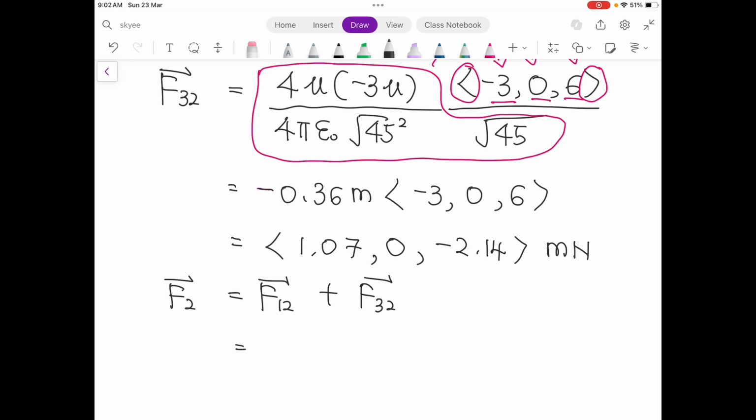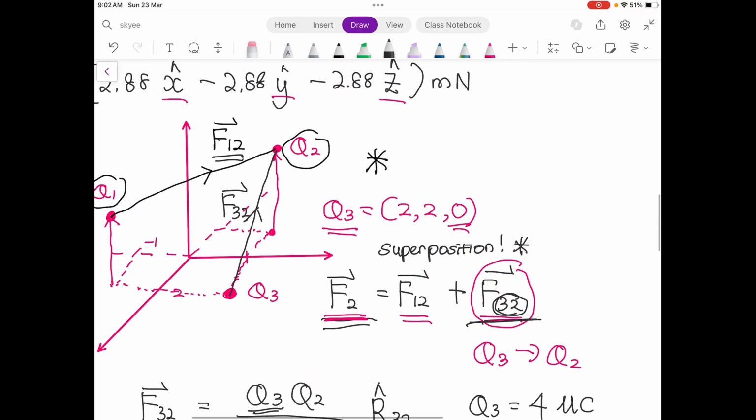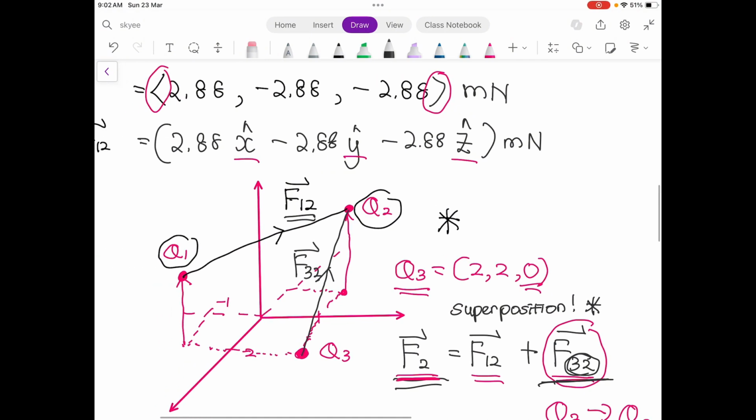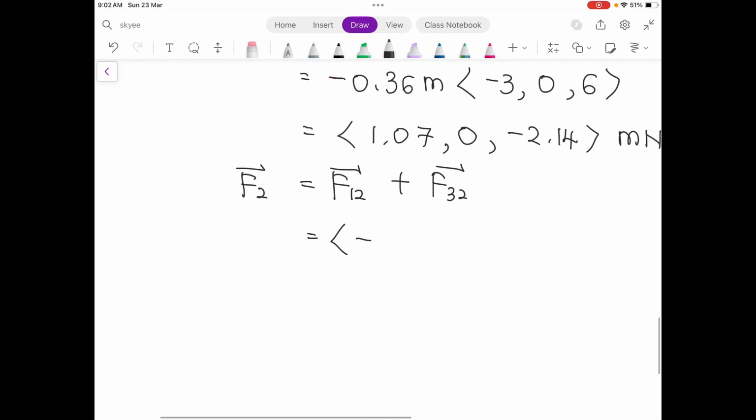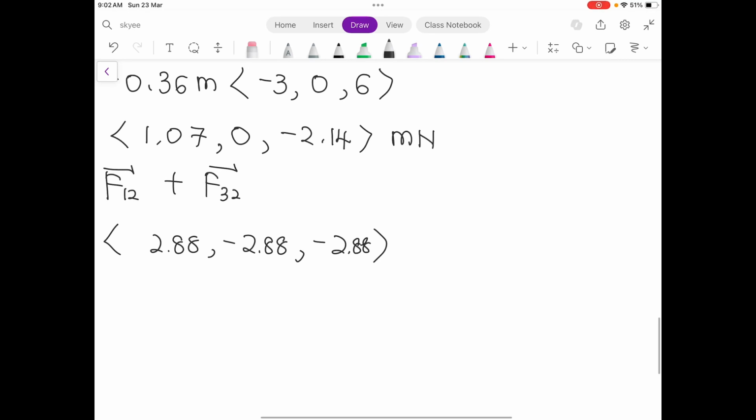So what is our F12? We have this positive, negative, and negative, in millinewtons. And the F32 is also milli, so I will just note it first.